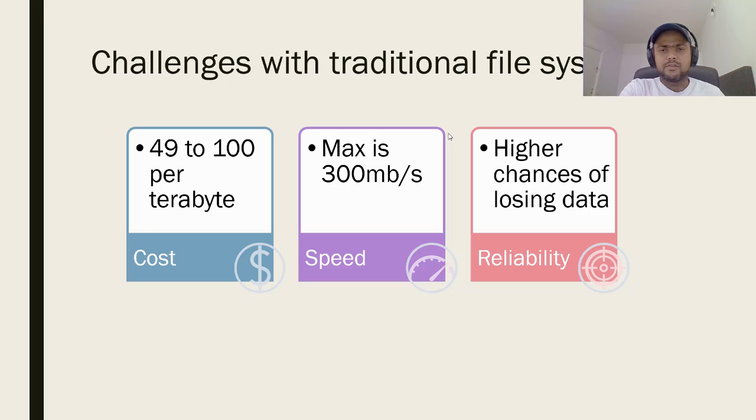And at the same time, when we talk about the reliability factor, since we have an individual hard drive, if it gets lost or if it gets corrupted, then your data is gone. So these are some of the very common challenges with traditional file systems: they are not very cheap, they are not very fast, and they do not provide you with any reliability.